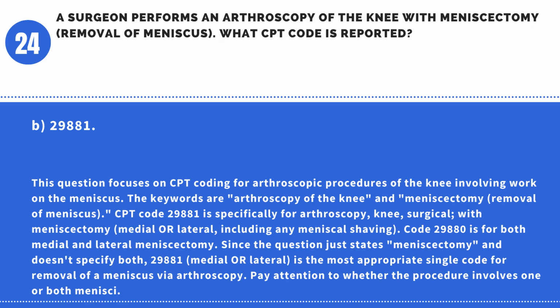Code 29880 is for both medial and lateral meniscectomy. Since the question just states meniscectomy and doesn't specify both, 29881, medial or lateral, is the most appropriate single code for removal of a meniscus via arthroscopy. Pay attention to whether the procedure involves one or both menisci.